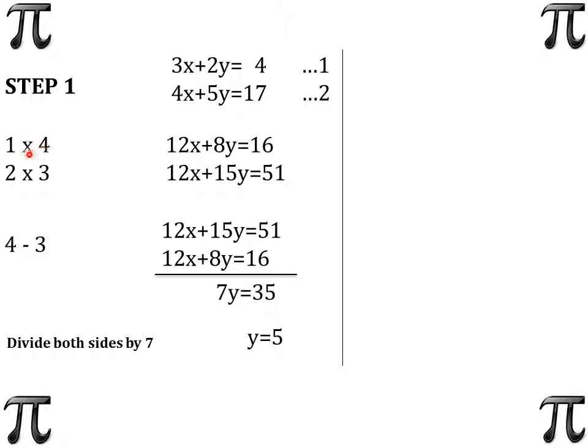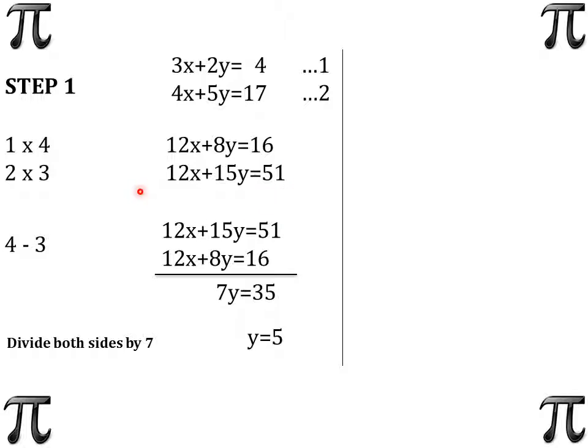Equation 1 multiplied by 4: 3x times 4 is 12x, 2y times 4 is 8y, and 4 times 4 is 16. And again, for equation 2: 4x times 3 is 12x, 5y times 3 is 15y, and 17 times 3 is 51.